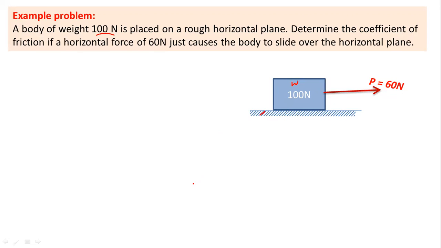Only you have to consider it for rough surfaces. So the given problem is a rough plane, so you have to consider friction. F is the friction. Determine the coefficient of friction, that means mu. You have to determine the value of mu, coefficient of friction. Here the horizontal applied force is 60 newtons.